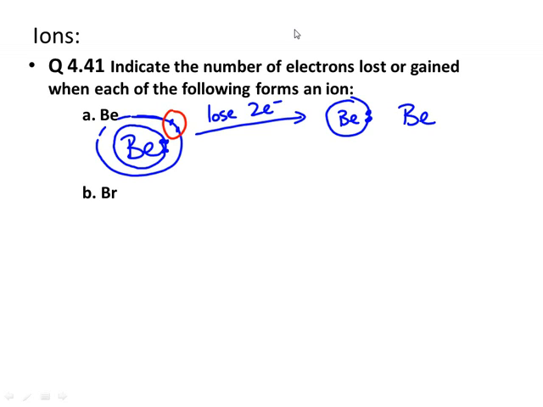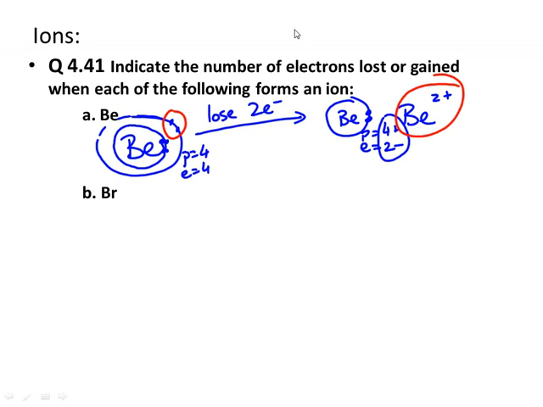It started with 4 protons and 4 electrons. After losing 2 electrons, it now has 2 electrons, but it still has 4 protons. Since it still has 4 protons, the overall charge on this new particle is 2+. That's one option that beryllium has: it can make a beryllium 2+ ion.